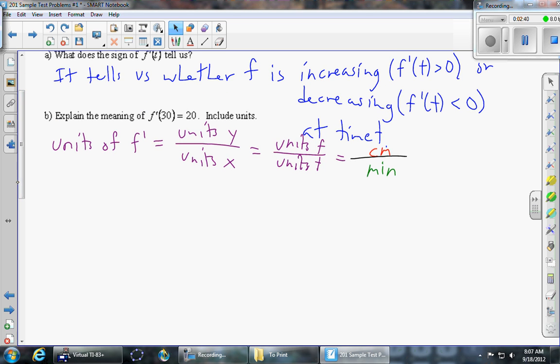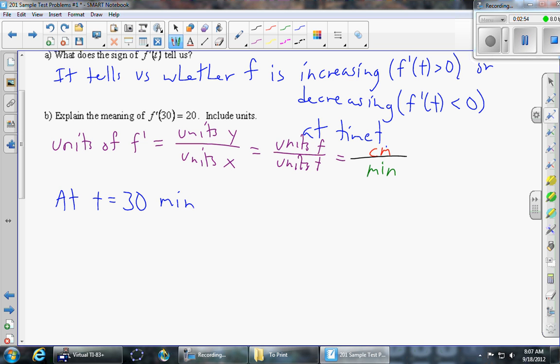So if we wanted to explain the meaning of this sentence, f prime of 30 is 20. Okay, so first we'll start with the 30. So that 30 is the independent variable, that's the t. So at t equals 30 minutes, the depth of the water is, and then we could say it's changing at 20 centimeters per minute, but I think it's better to include either the word increasing or decreasing.